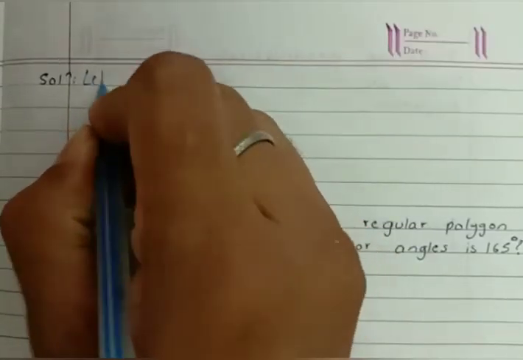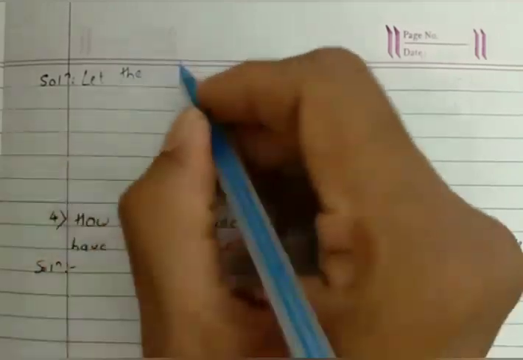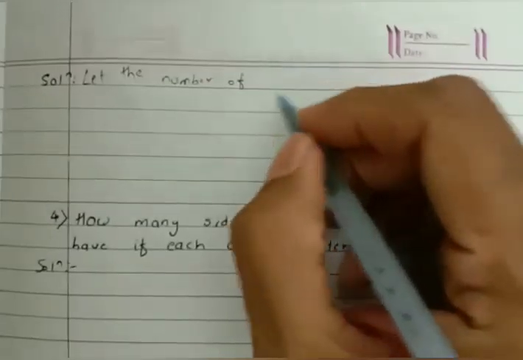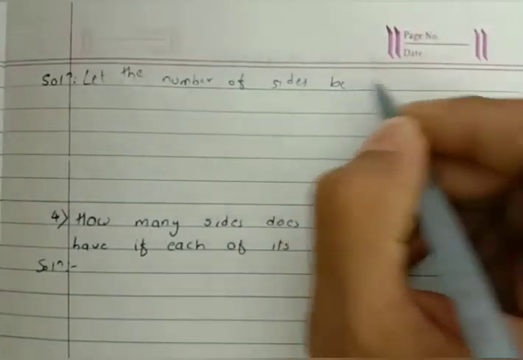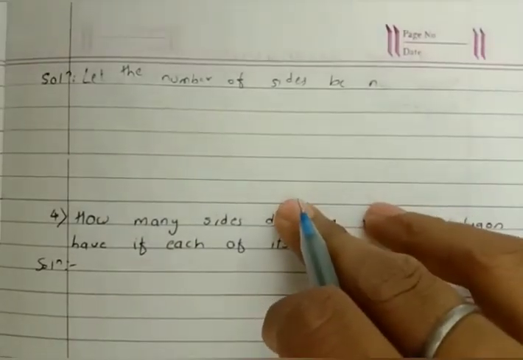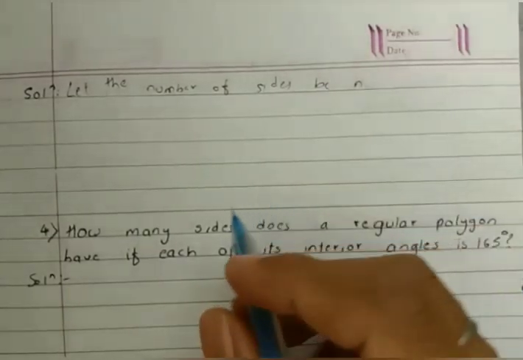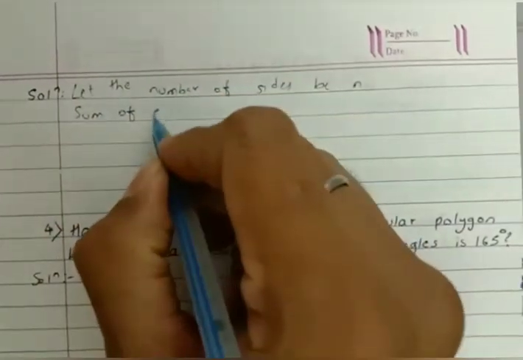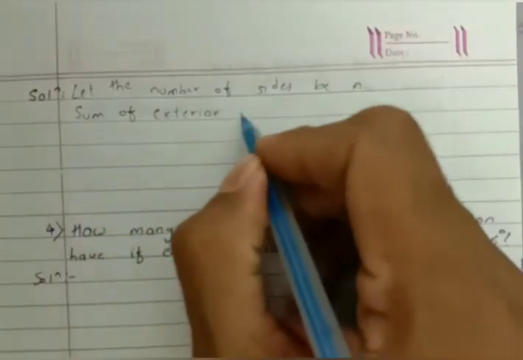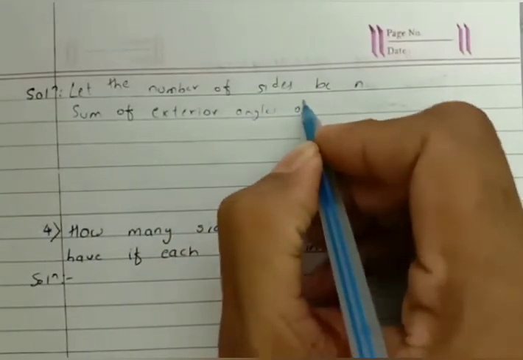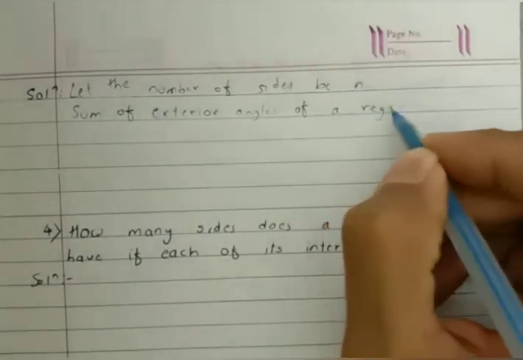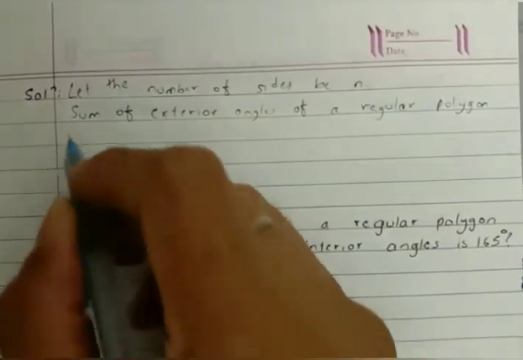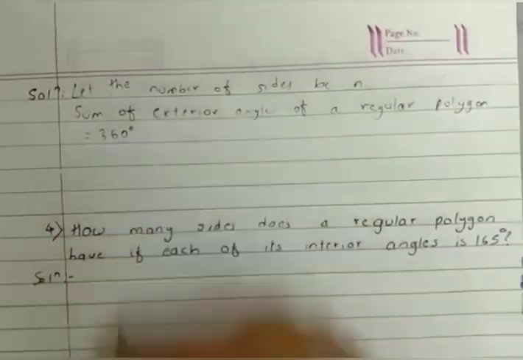Let the number of sides be n. Okay, now sum of exterior angles of a regular polygon equal to 360 degrees.